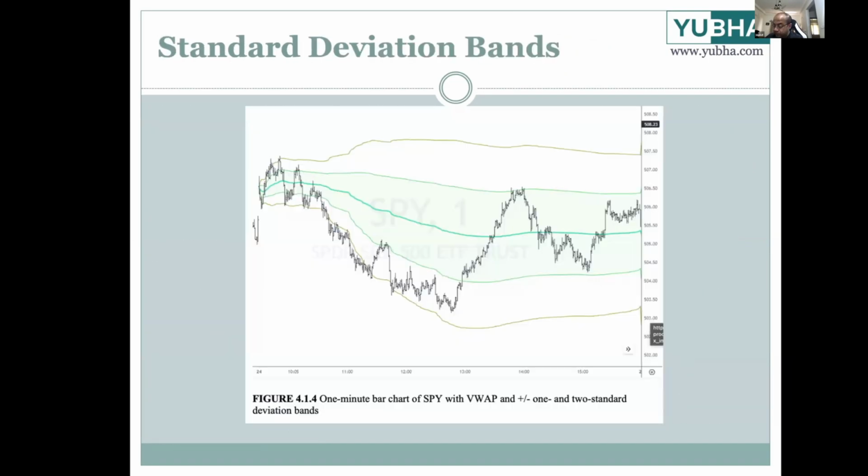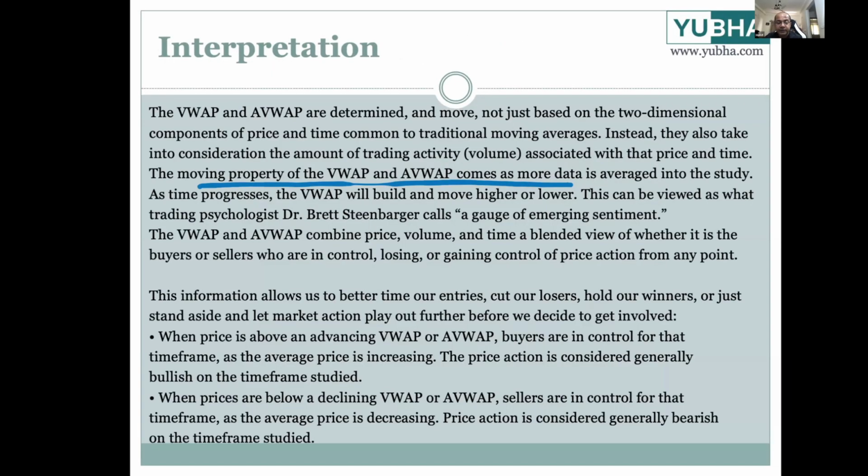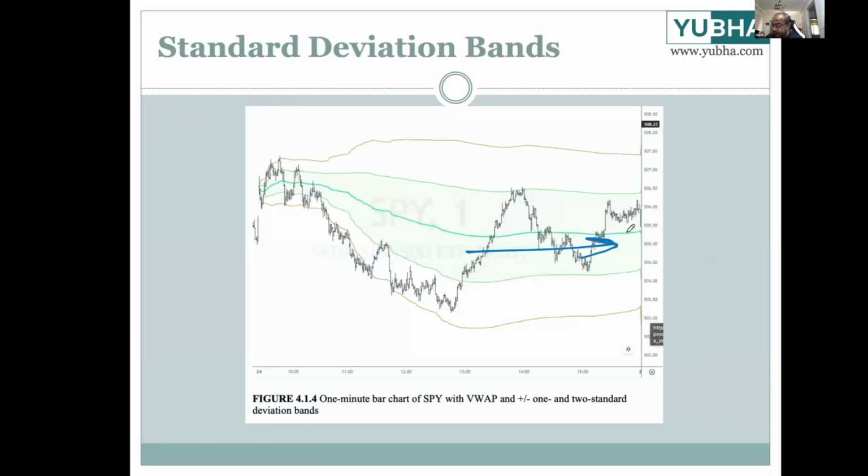But as you go towards the latter part of the day, you'll see that the VWAP is more stable. And the reason that it is stable is that a lot of volume has already been traded. For somebody to move the VWAP at this particular point of time, they'll have to nullify all the volume that has been traded throughout the earlier part of the day, and only then can they move the VWAP upwards.